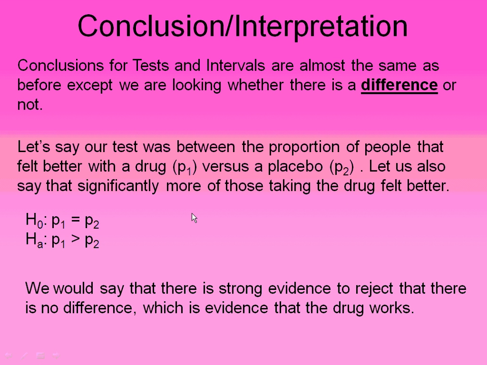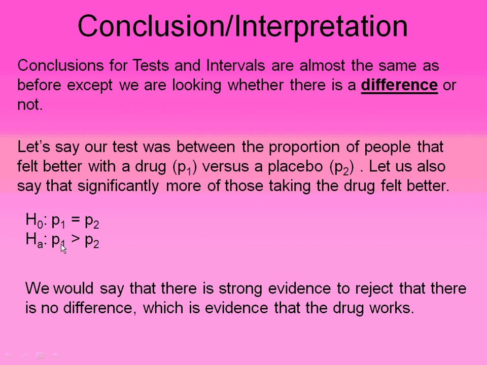How do we talk about our conclusion? Almost the same as we've been doing, except remember we are dealing with the difference here of two proportions. So let's say that our test was, let's go back to the drug example, the pain relief drug versus a placebo. Our null hypothesis would be that the pain relief drug is no better than a placebo.